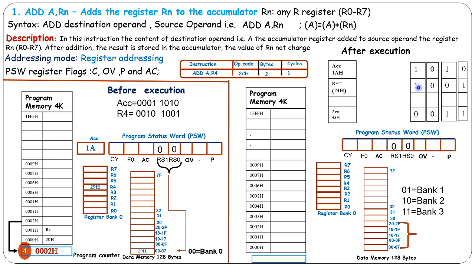Now 1 plus 1, the fourth bit, this is the D3 bit. When this is added, 1 plus 1, sum will be 0 and carry becomes 1 here. Now it is added here, 1 plus 0 plus carry, so 1 plus 1, sum is 0 and carry is 1. The carry comes here.